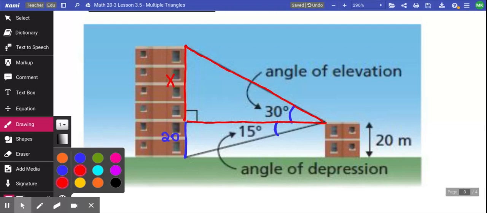You always need one side length and one angle. I could get this side length, the bottom of the red triangle, by doing Sohcahtoa on the blue triangle. Then I could figure out that side, and then I could figure out X.